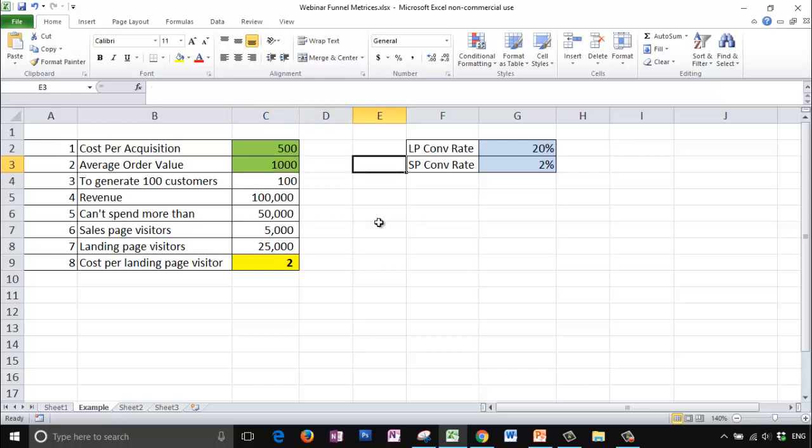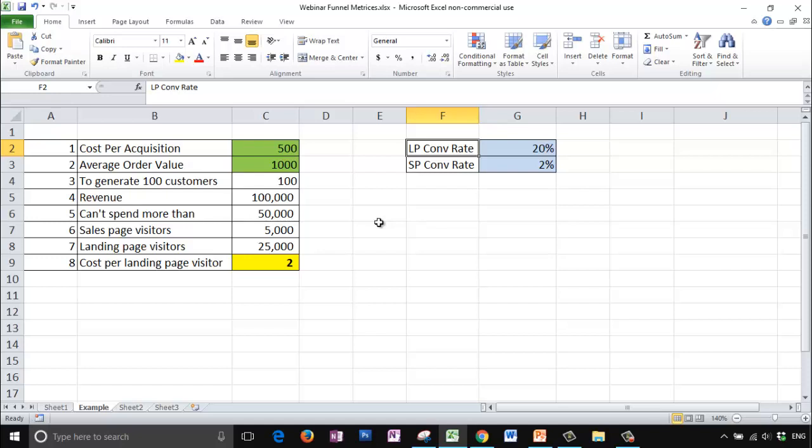Next, over a period of time, LP is landing page and SP stands for sales page. So what does LP conversion rate mean? It means at what rate does the landing page or squeeze page convert for you?